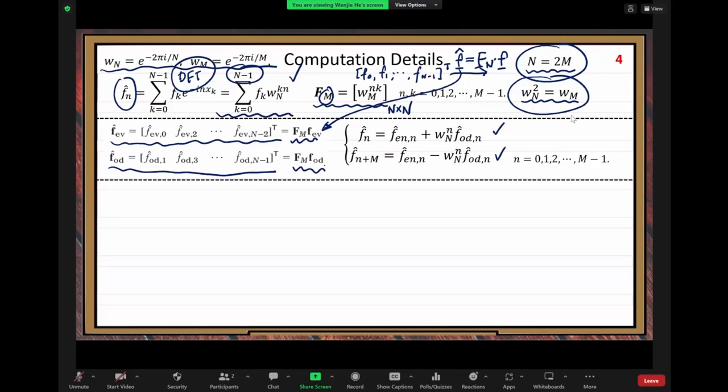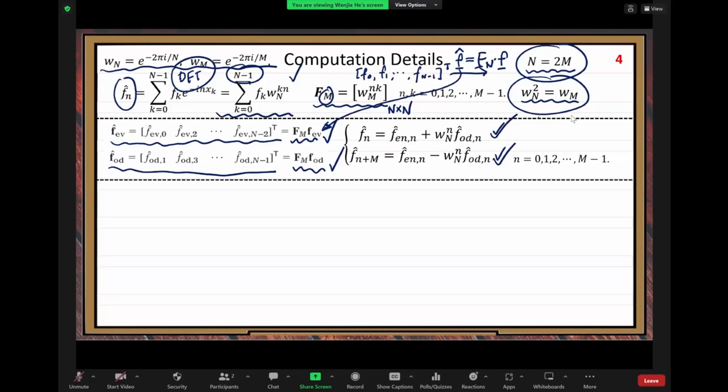Some of you may want to know. I assume some of you would like to know how to get these formulas. In our textbook, this part you may not be able to understand easily, because many intermediate steps are skipped: how to get this expression, that expression, this one and that one.